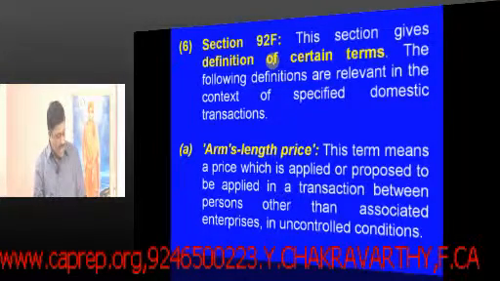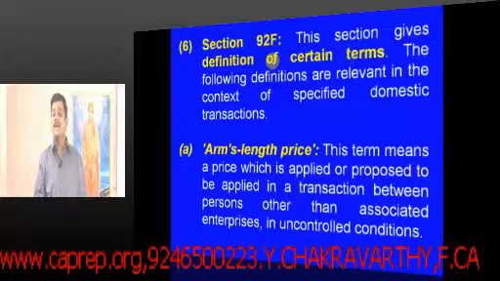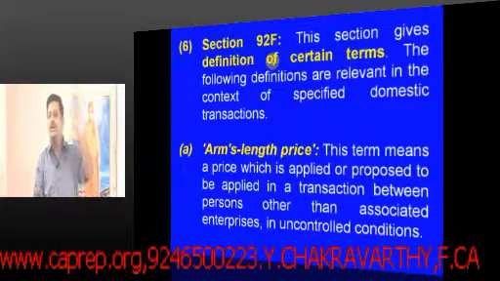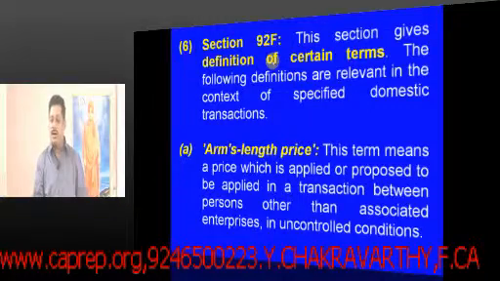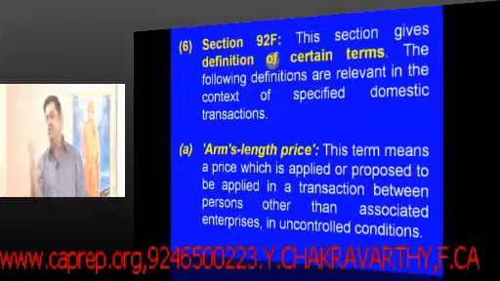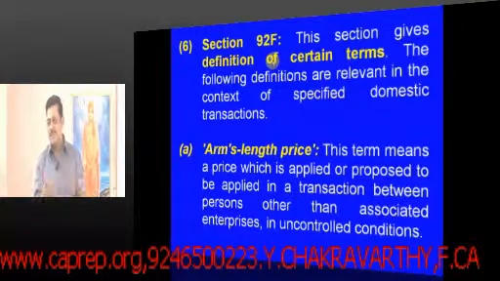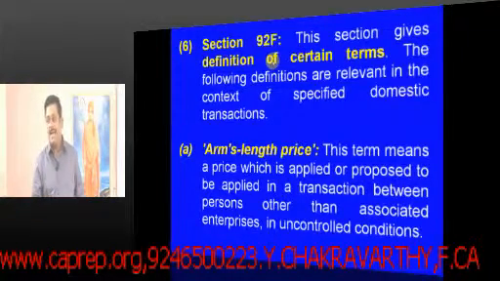Then at the final level, they may ask what are the penal provisions and what are all the documents that they have to maintain. All those things can go for the final level, because ultimately when we study anything, what type of questions may come in the exam is also equally important.